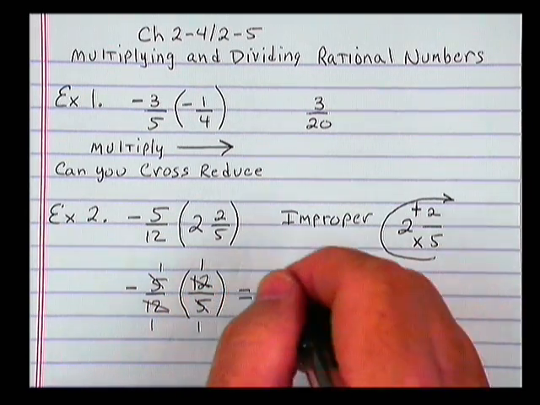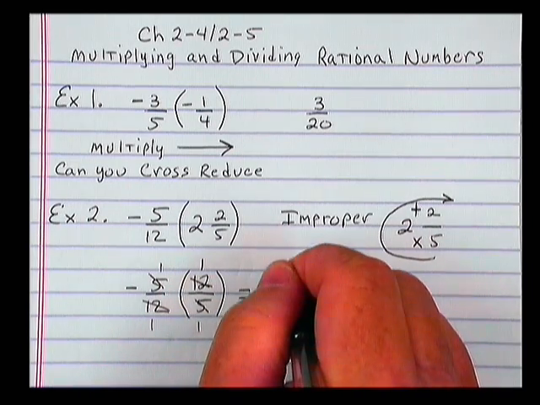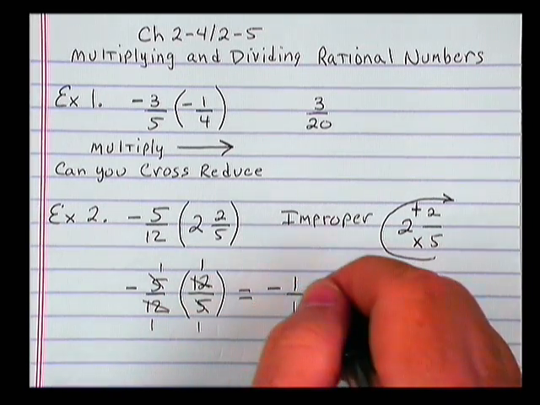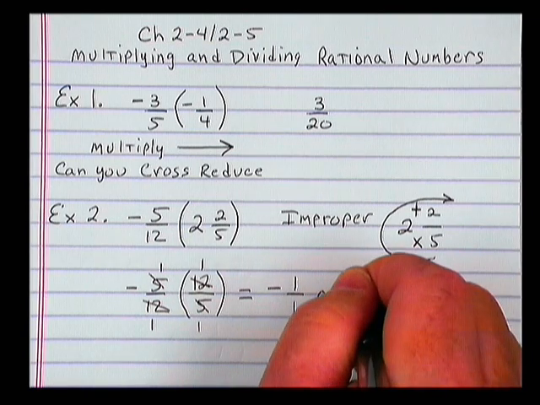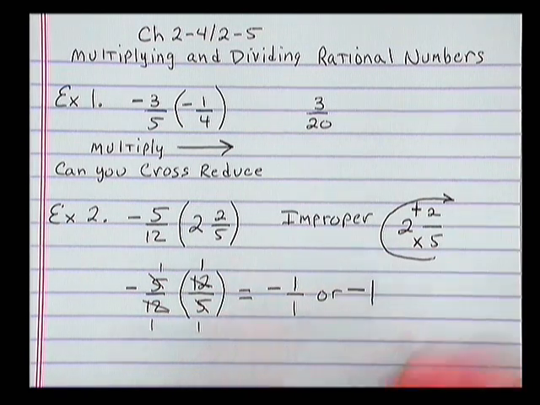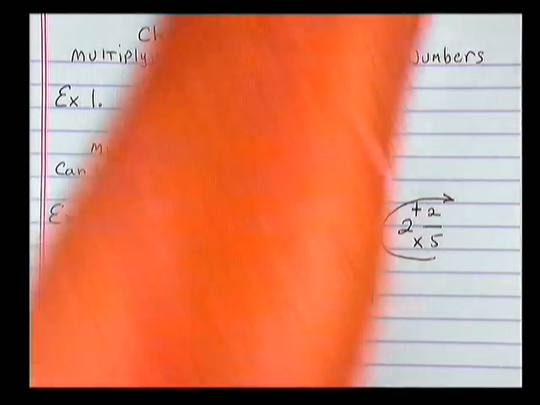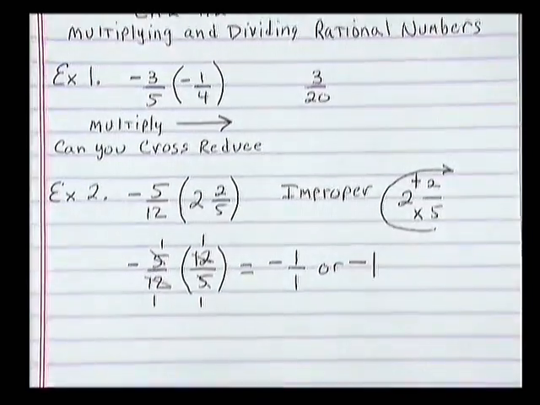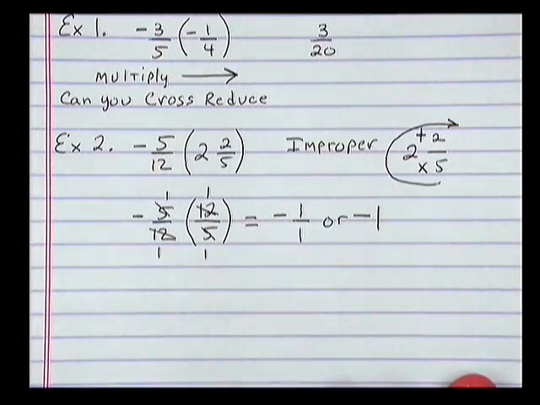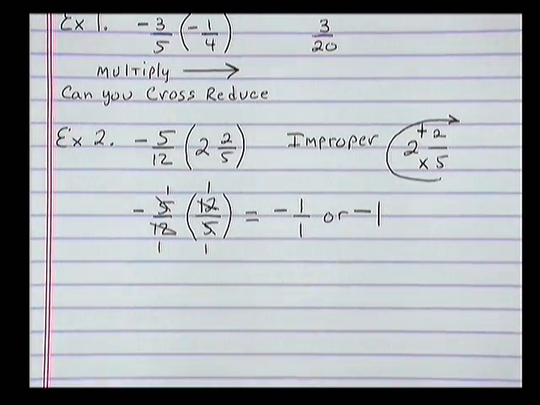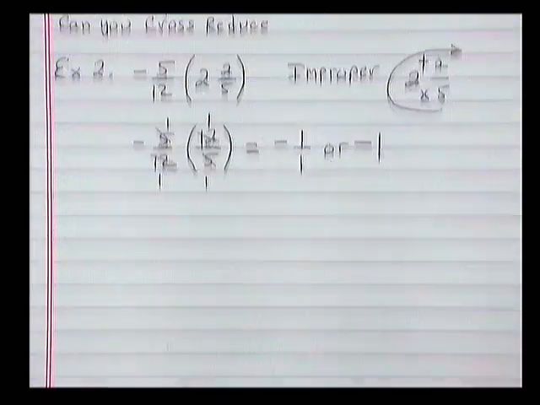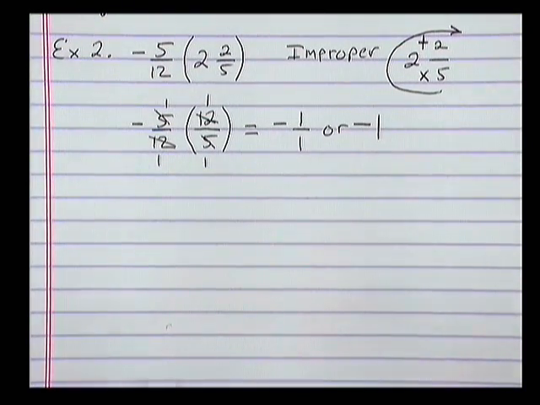And my answer is -1/1, or just -1 as my answer. Okay, so when I do that, I have to change a mixed number to an improper fraction.